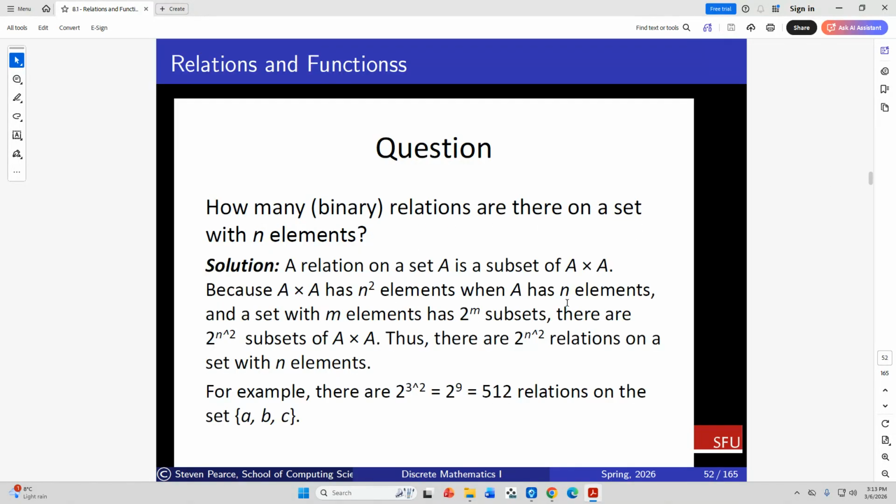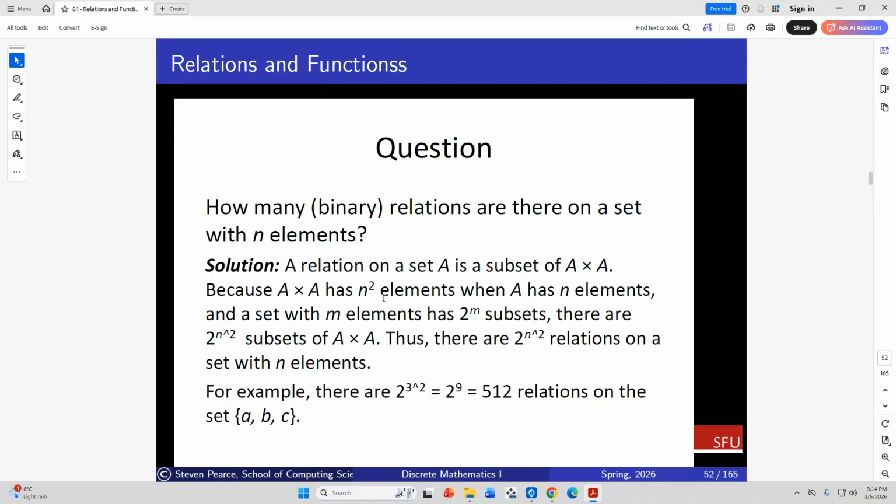Well, we know that the power set gives you all the subsets of a particular set. So A cross A is a set, a binary relation. It has n squared elements, because by the product rule the cardinality of A cross A is n squared.